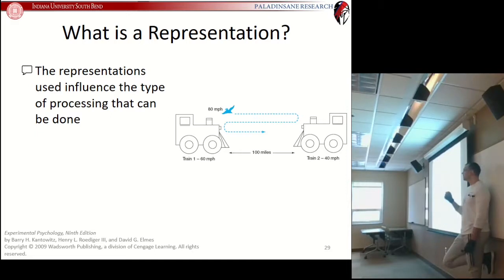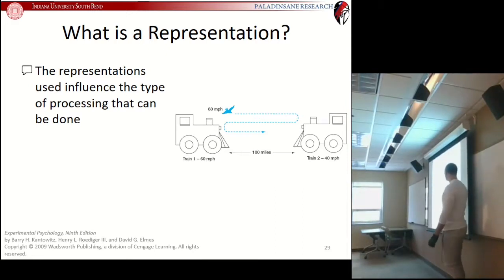So notice the difference in the output, the behavior that occurs when you represent this as distance. Students that represent this as distance will take hours to solve this problem, if at all, if it's even possible for them to do it. Students that represent this as time will take seconds to solve this problem, right?